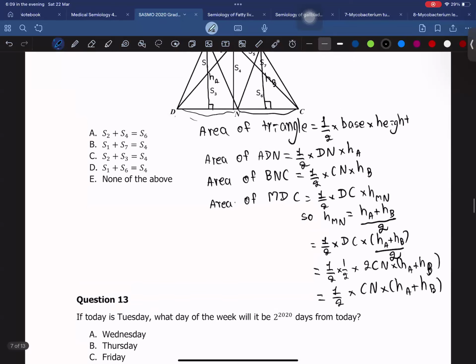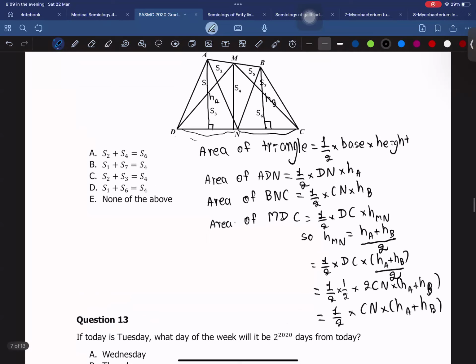Okay, guys, do you understand in here? As I told you earlier, DN and NC are the same length, so we can write 1/2 times CN times HA.